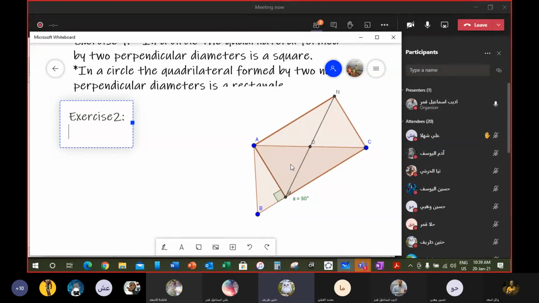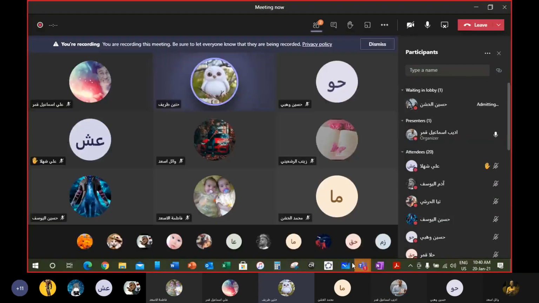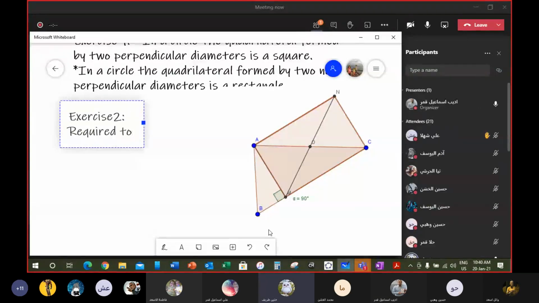To prove that AMCN is a parallelogram. Is it parallelogram or rectangle? Rectangle.